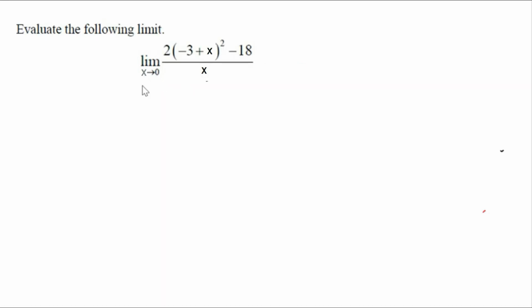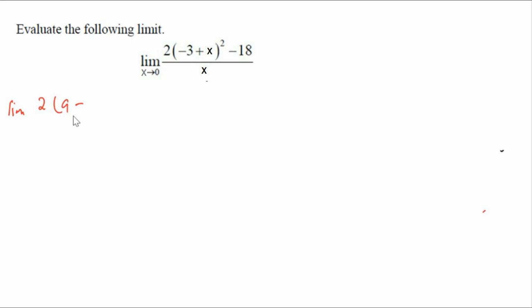Evaluate the limit of 2 times the square of negative 3 plus x, minus 18, all over x as x approaches 0. So to do this, I will simplify first our numerator. So I will write here the limit of 2 times the square of negative 3 plus x. We have 9 minus twice the product.